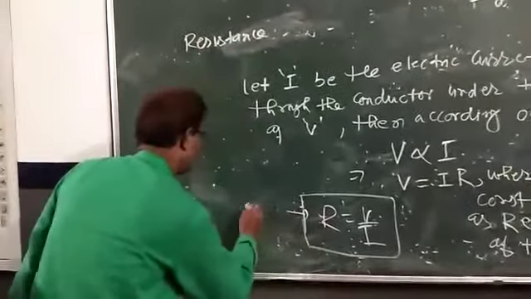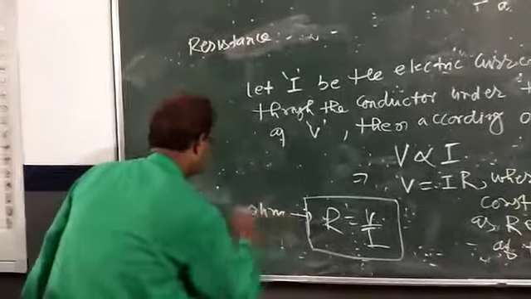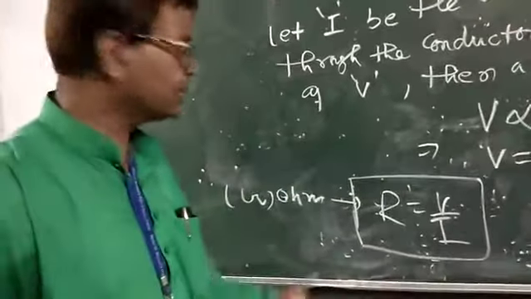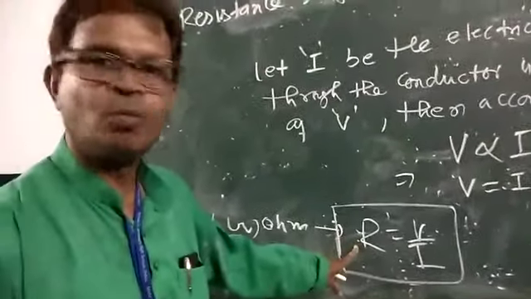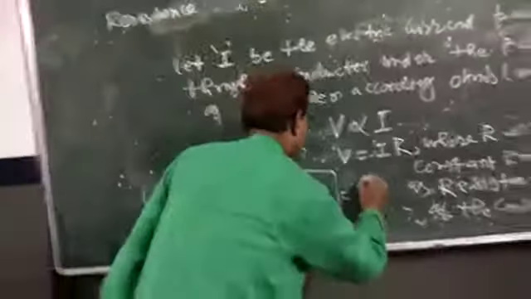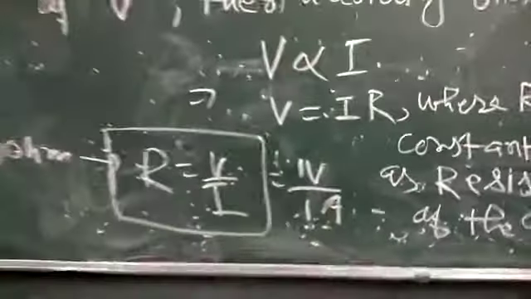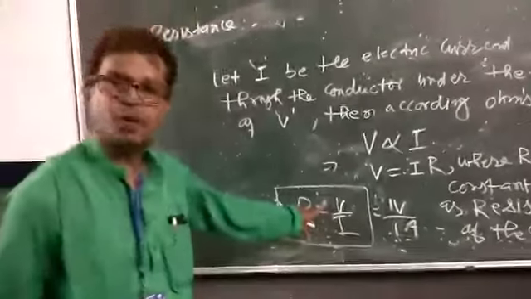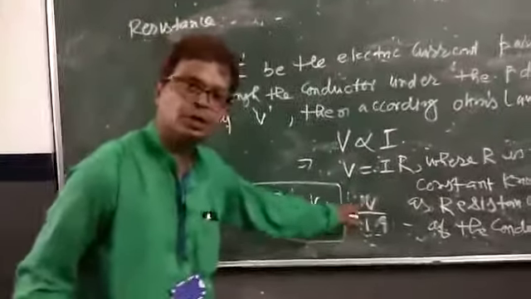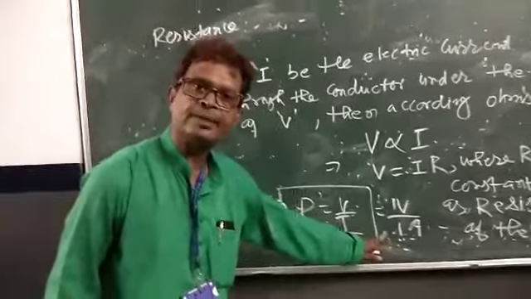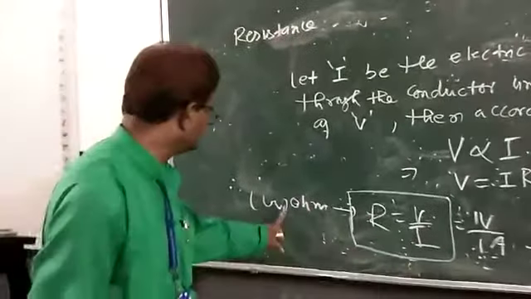This is ohm. It means the SI unit of resistance is ohm. It's 1 volt and 1 ampere. As you know, the SI unit of PD is volt, I have written here volt. The SI unit of current is ampere, I have written here ampere. The SI unit of resistance is ohm, I have written here.